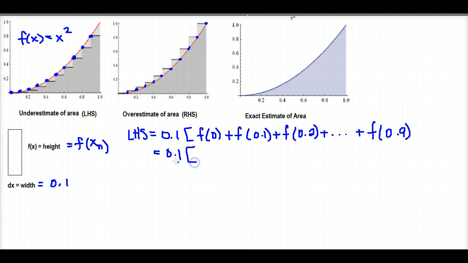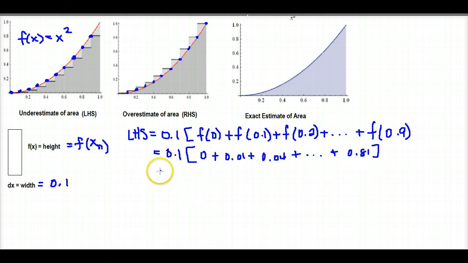Some of those values here: f of 0 would just be 0. f of 0.1 would be 0.01. f of 0.2 would be 0.04, and so on until we get to f of 0.9, which would be 0.81.